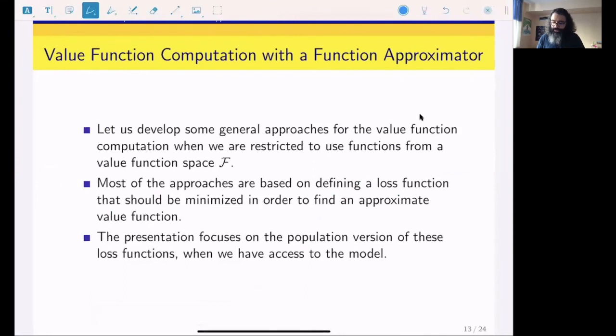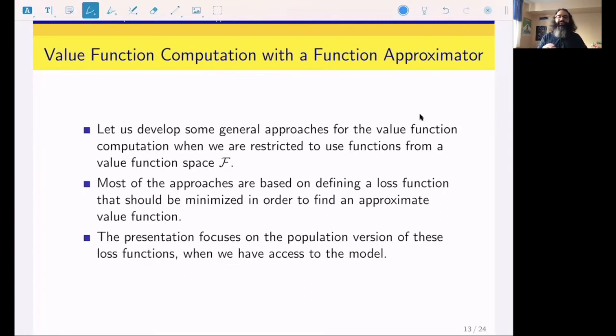Next session, I'm going to talk about how we can actually use these function approximators in the context of reinforcement learning. I start first with a setup where I assume that the model is known, but we just can't represent the value function exactly. And I define some loss functions such that if we minimize those loss functions, the result would be a good value function approximation.